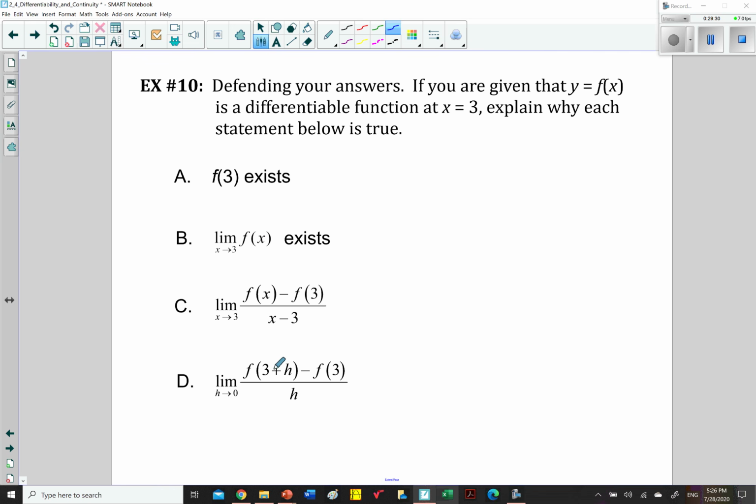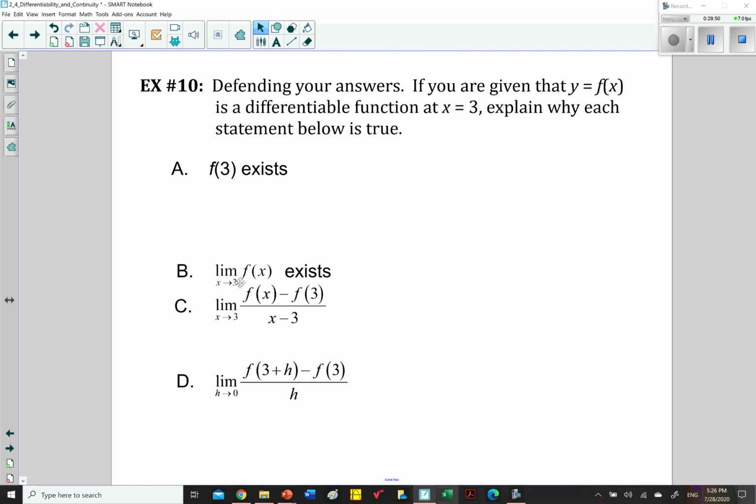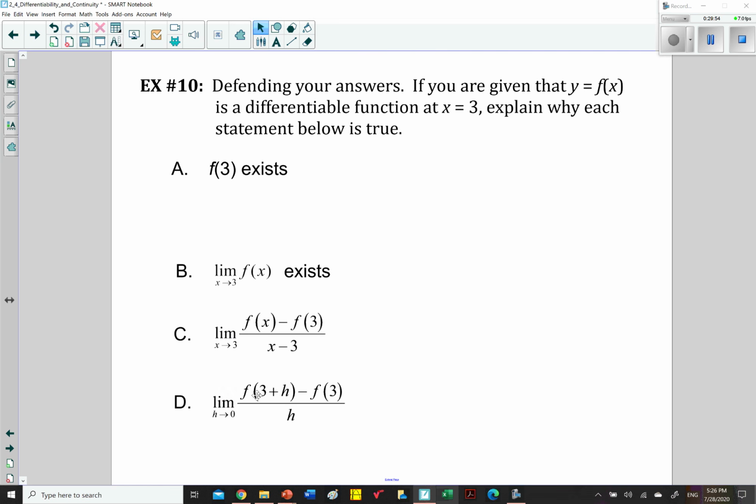So lastly, we want to be able to defend our answers. If you're given that y equals f of x is differentiable at 3, explain why each statement below is true. So this is kind of some verbal descriptions here. The f of 3 exists. They've given us the fact that it's a differentiable function at 3.